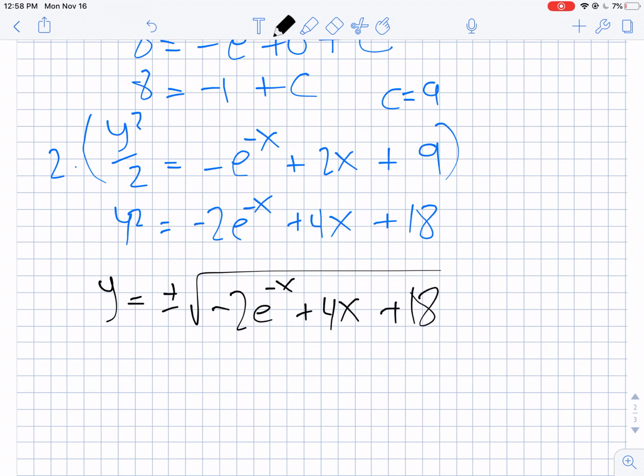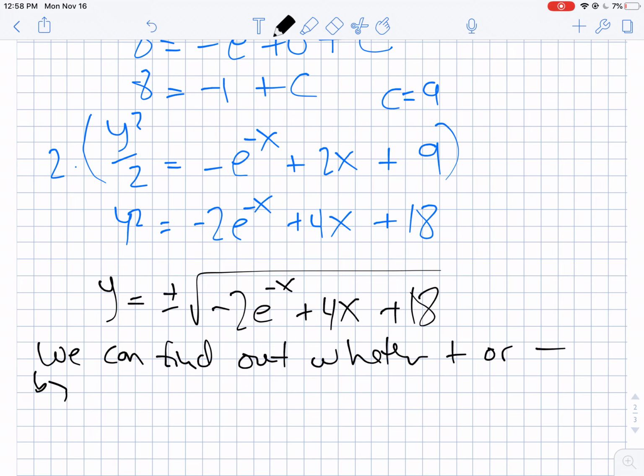Now at this point, you might think we're done, but we're actually not. We can find out whether it is a plus or minus by plugging in the initial condition again.